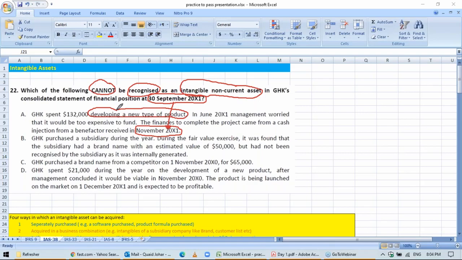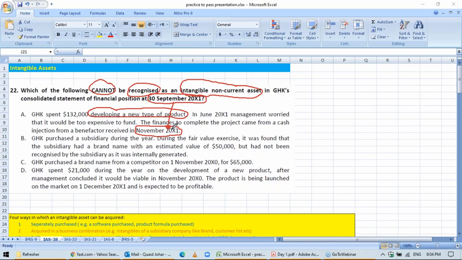Now what do you see over there? They don't have cash on 30th September. When did they arrange the cash? They didn't have any probability of having cash on 30th September. This means that on 30th September they were not certain that they would have resources which will help them complete the project and generate future revenues.